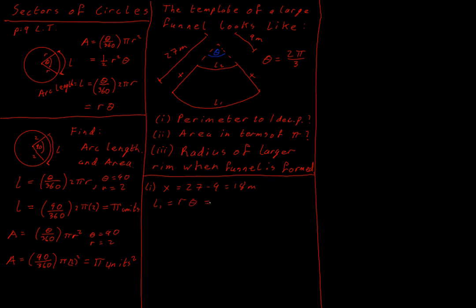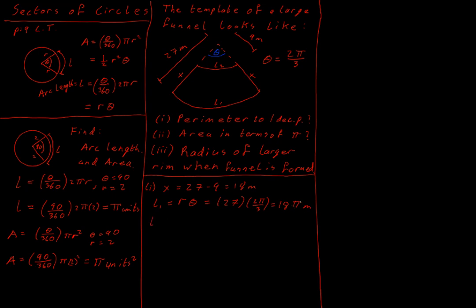For L1, it's going to be the larger radius, 27, and theta is our 2 pi over 3. And that ends up being 18 pi. Again, that's in meters.